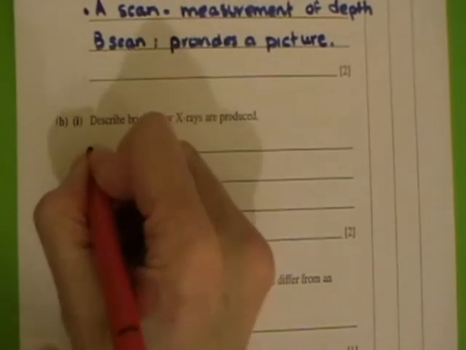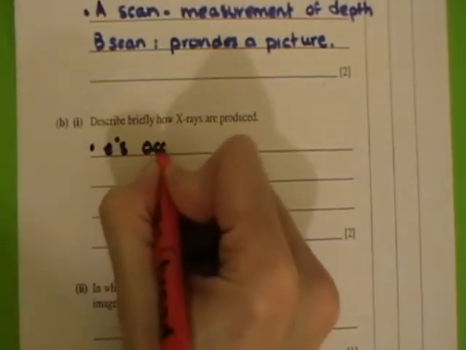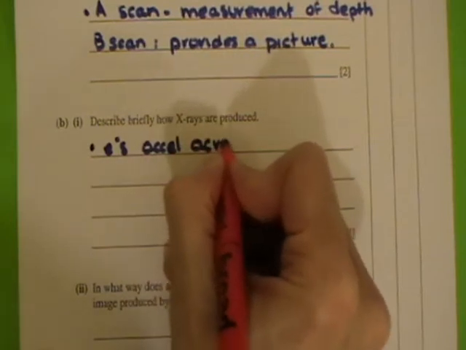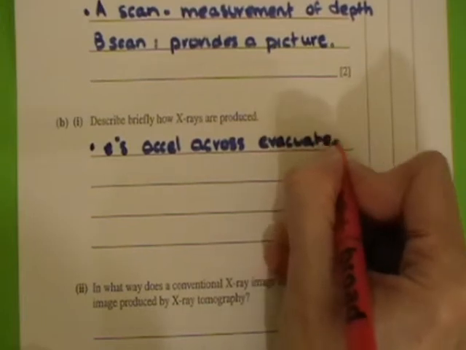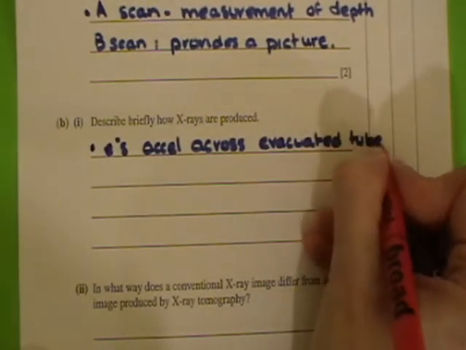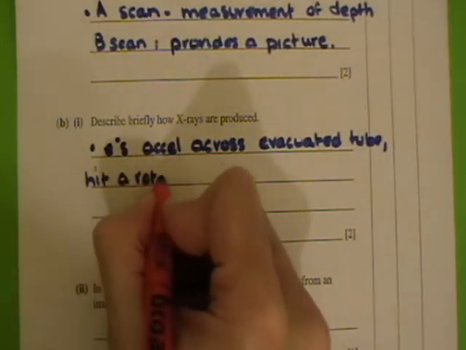Describe briefly how X-rays are produced. So again, we've had this question before. Electrons are accelerated across an evacuated tube. They hit a rotating anode.